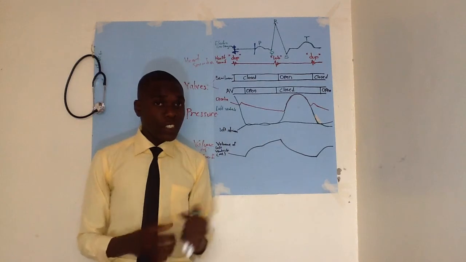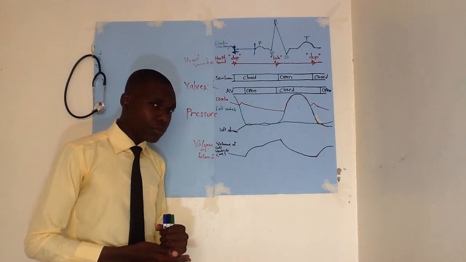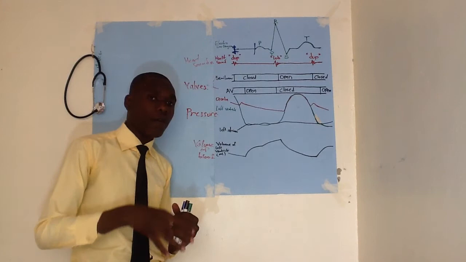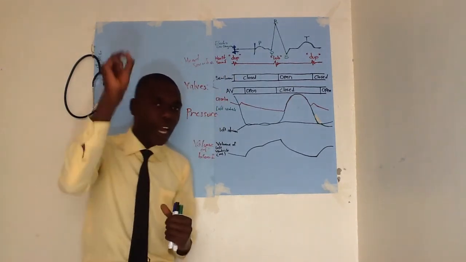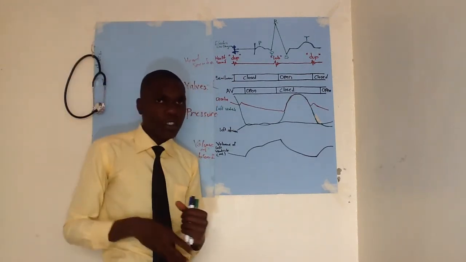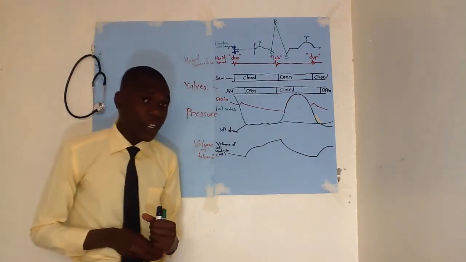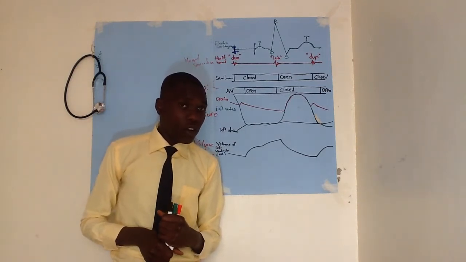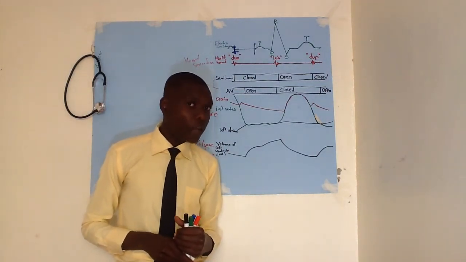So, in that state of relaxation, the pressure within the ventricles lowers. When the pressure within the ventricles lowers, blood tries to undergo backflow. Blood in both the pulmonary artery and the aorta will try to come back to the ventricles. As it tries to undergo regurgitation, the backflow is going to be prevented by a set of valves known as the arterial valves.